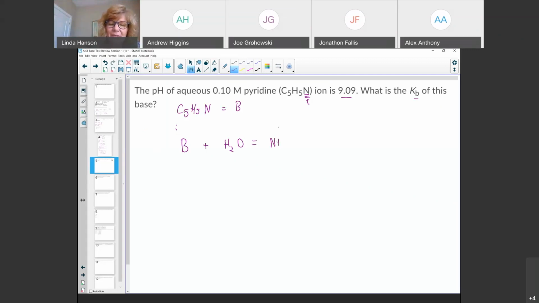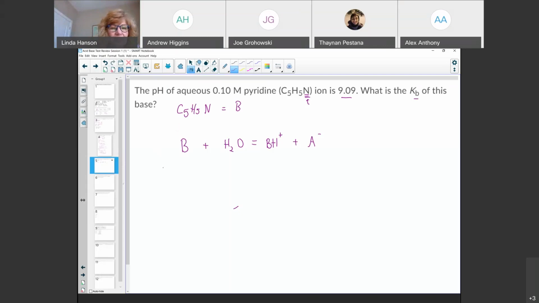Bases accept a proton, so I form its conjugate acid and the base ion. So my conjugate pairs always add water, the base accepts a proton, the acid then donated the proton, so there's our equilibrium.